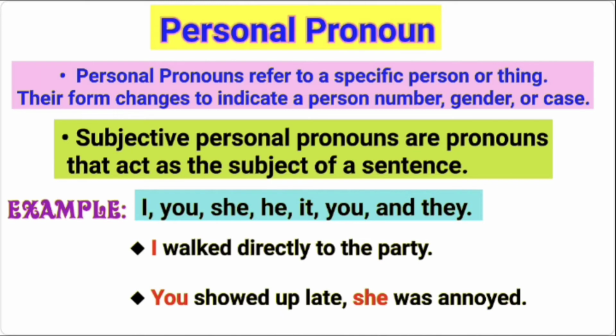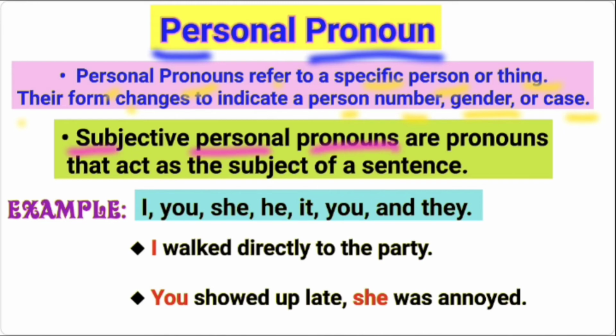Students, our first pronoun is personal pronoun, and this is the definition. Personal pronouns refer to a specific person or thing. They change form to indicate person, number, gender or case. And here is a type of personal pronoun, subjective personal pronouns.